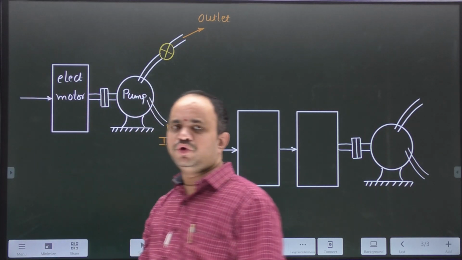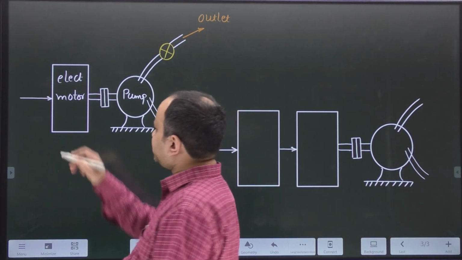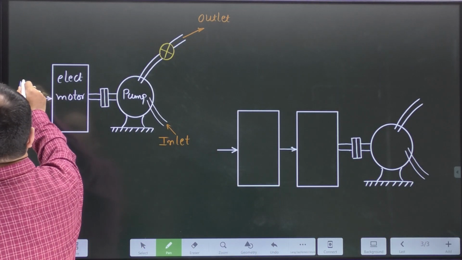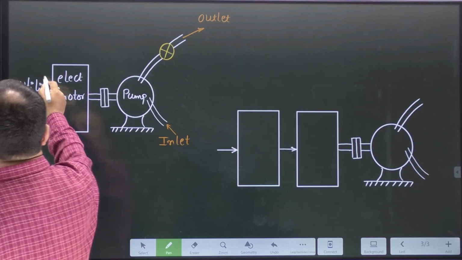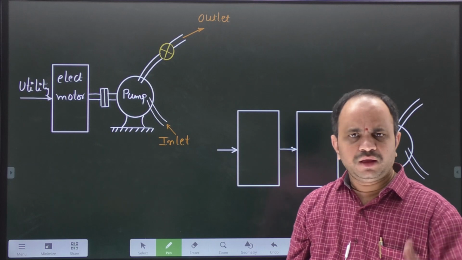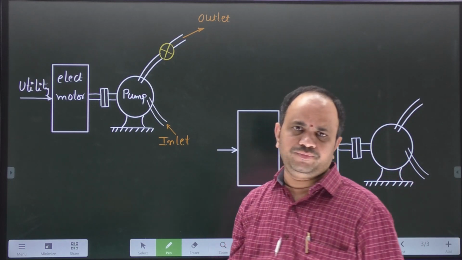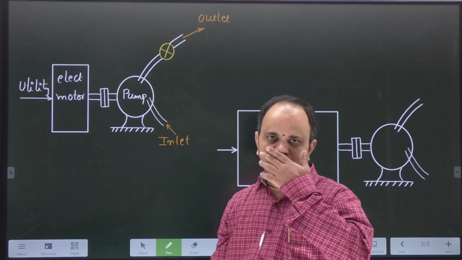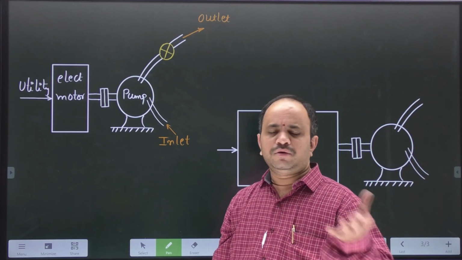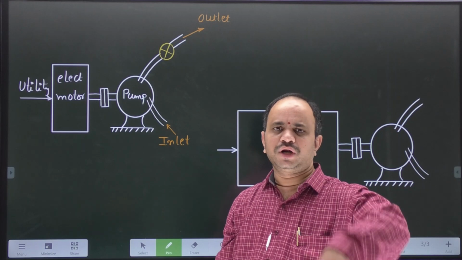where this motor is supplied from the utility system. What do you mean by utility system? Our normal distribution system, either single phase or three phase, depending on the power rating of the electric motor, and normally the frequency is the local grid frequency.